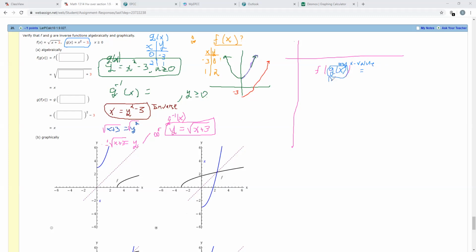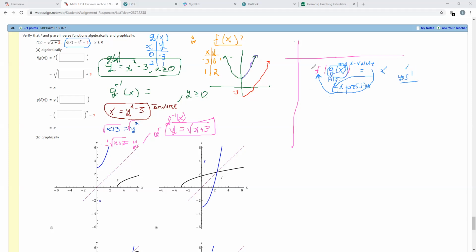This will not be a number because we're not putting in a specific number. It'll be an algebraic expression. And then we put that algebraic expression, which is our range expression instead of our range number, into the other function, and that's the composing part of it. And when we put it into the other function, if we get back to the initial x value, then that's a check, and we would be halfway done.